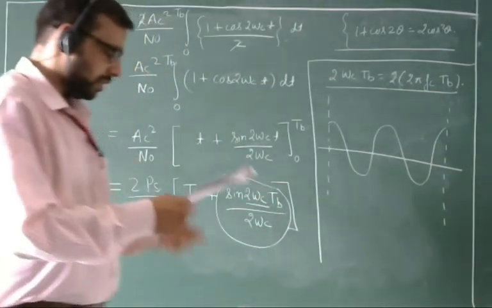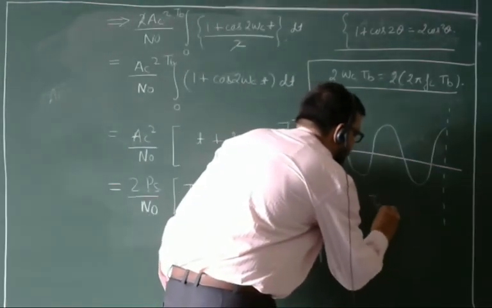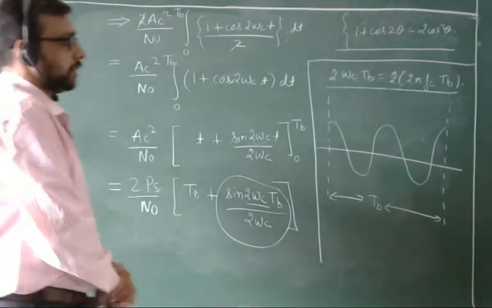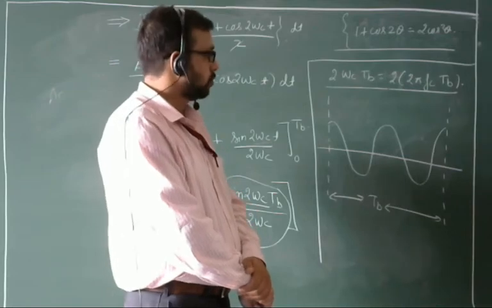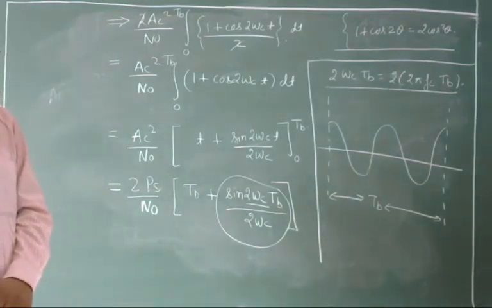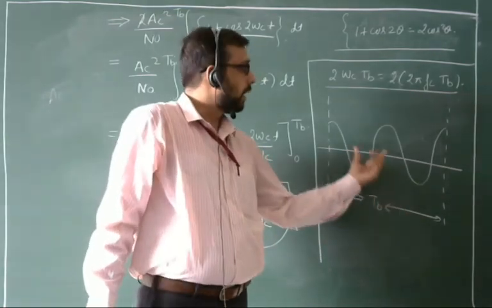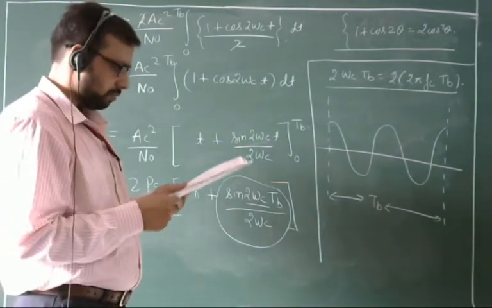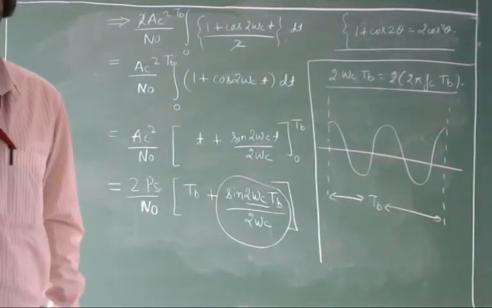According to that, this is the complete duration of tv, meaning in one tv duration there are two complete cycles of cos omega ct, according to the equation here.